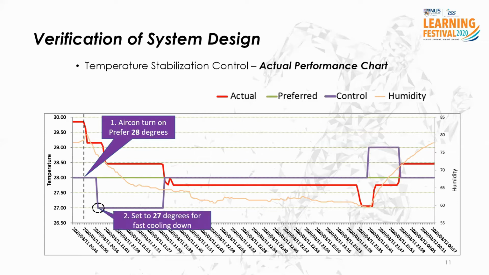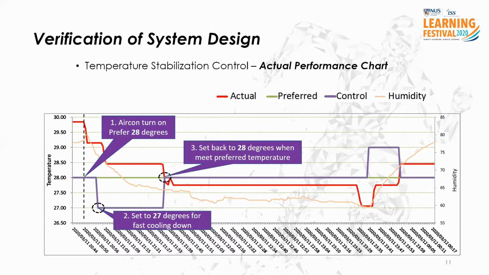After 5 minutes, the preferred temperature still couldn't be met, so the system automatically set the control temperature to 27 degrees for fast cooling down. When the actual temperature reached 28 degrees, the control temperature was set back to 28 degrees. During midnight, the actual temperature was down to nearly 27 degrees, which is below the low control limit.